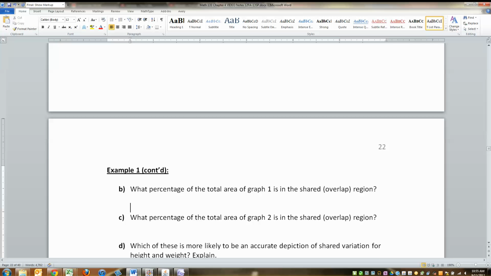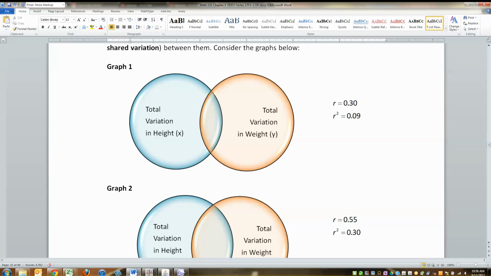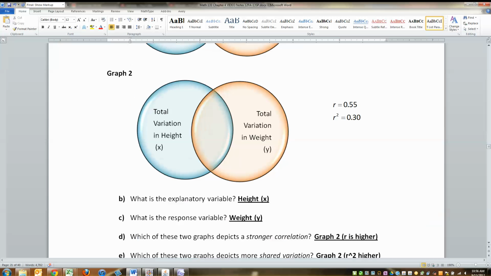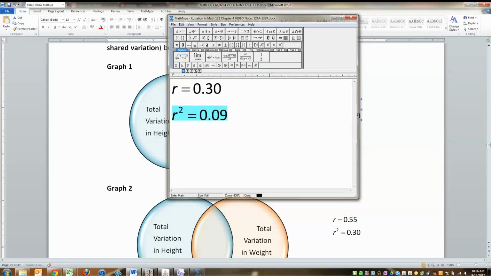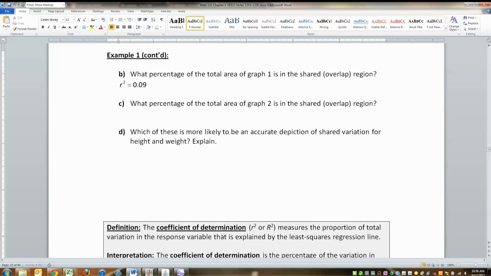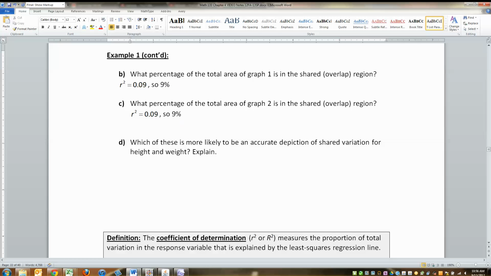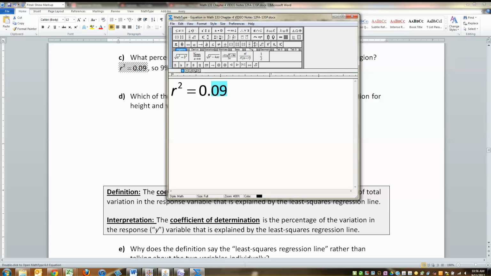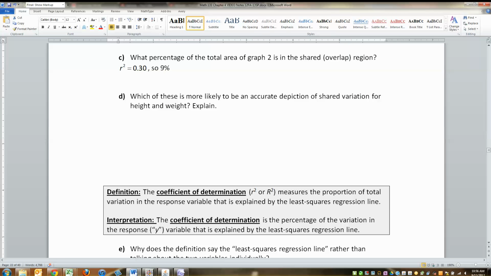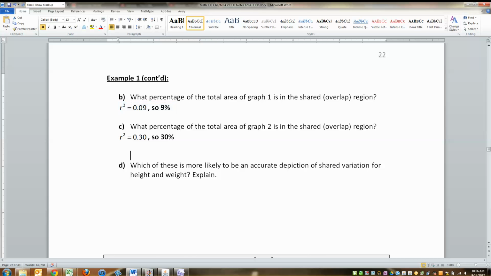Now, what percentage of the total area of graph 1 is in that overlap region? Well, I already mentioned it, it's 9%. That's what this R squared value is telling you. For the second one, let me double check that. Graph 2, it's 0.30, so that would be 30%. Cool.